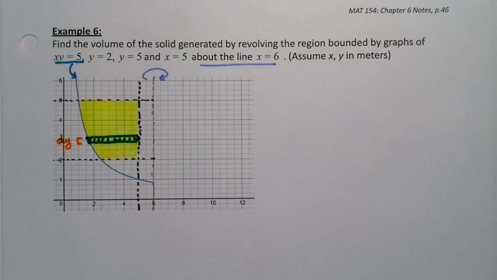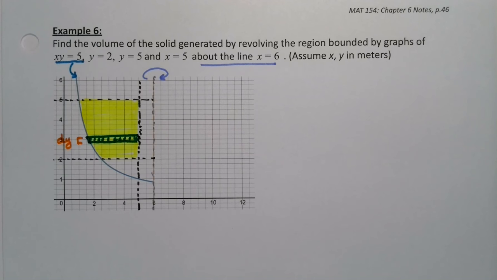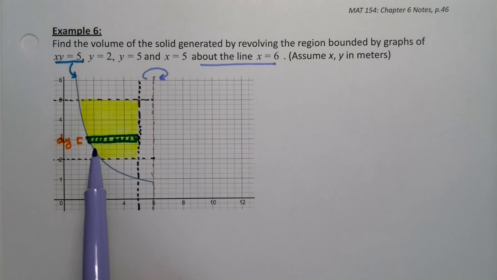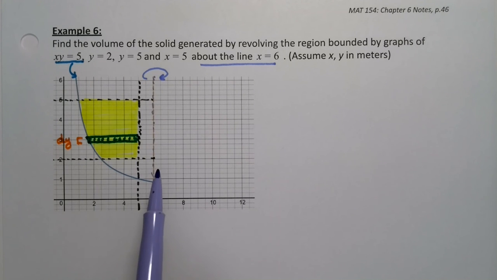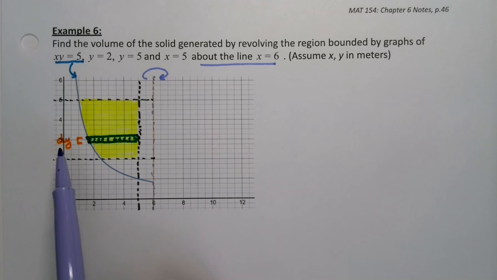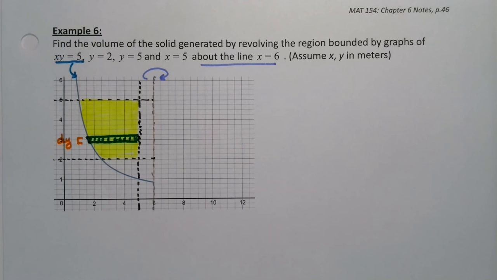No problem there. These methods in general are very obvious. Once you have your axis of rotation, if you choose to do the washer method or disk method, your rectangle must be perpendicular to that axis of rotation, which means ultimately you know that you'll be integrating with respect to y. It has to be.